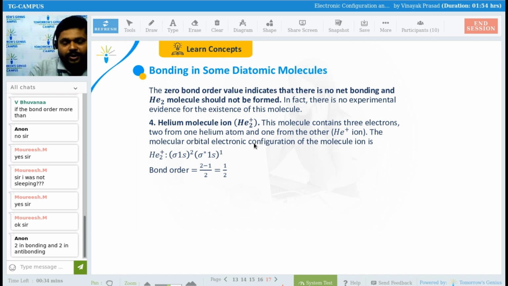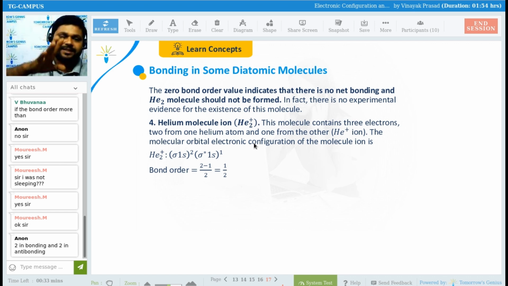If bond order is 0, the molecule will not be formed. And earlier also I was saying the same thing, that there will be no formation of He2 molecule, no formation of Ne2 molecule, no formation of Ar2 molecule, no formation of Xe2 molecule. Why? They are all inert. Their octet has already been completed, so there will be no formation of inert gas molecules.